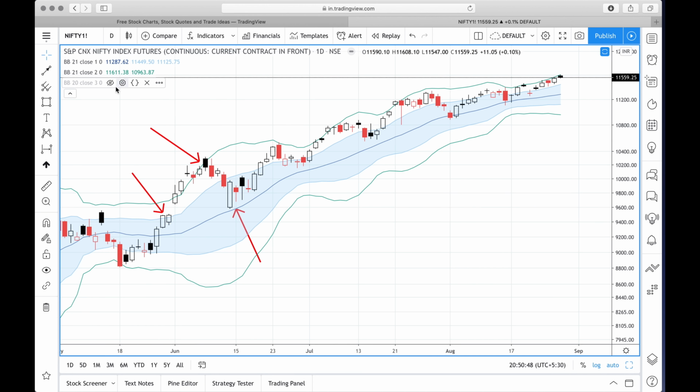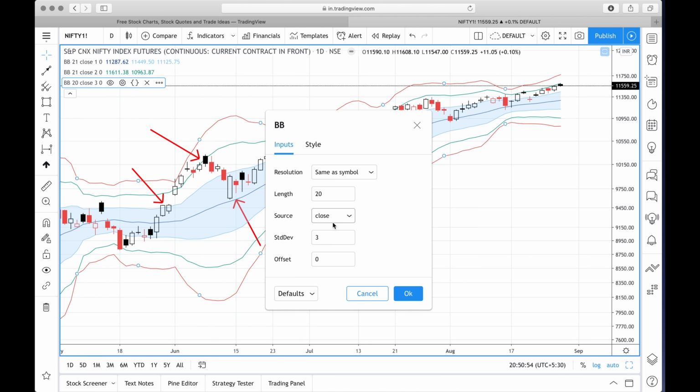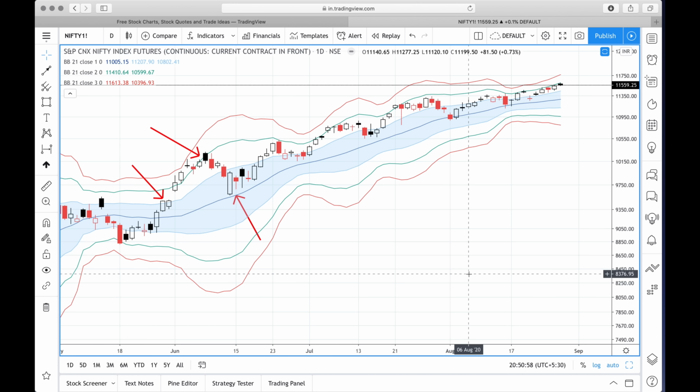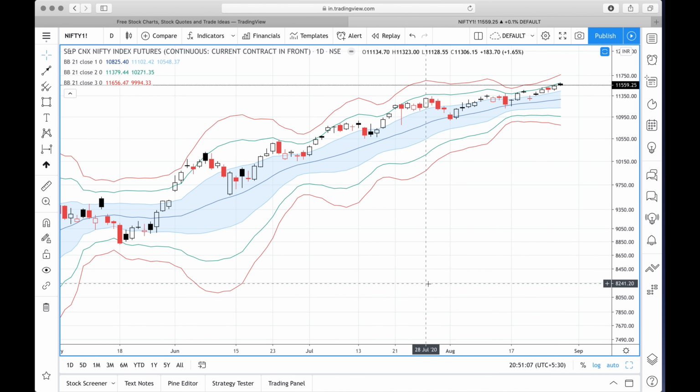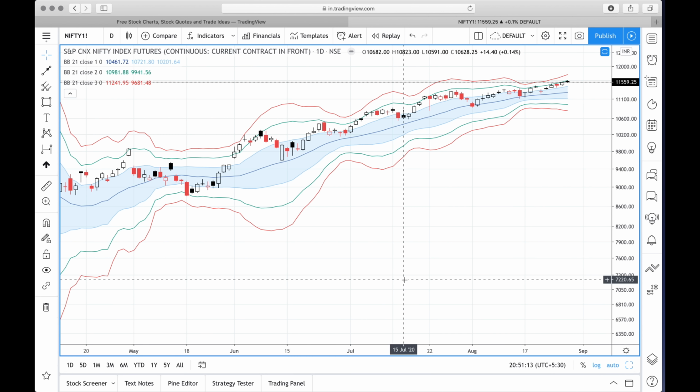Now, what if it overflows the bank? Now comes the third Bollinger Band in the list, and in this case also I'll shift it to 21 with a 3 standard deviation. Now I'm talking about 99% or a little more than 99%. It means it is very rare that prices will go outside the 3 standard deviation.